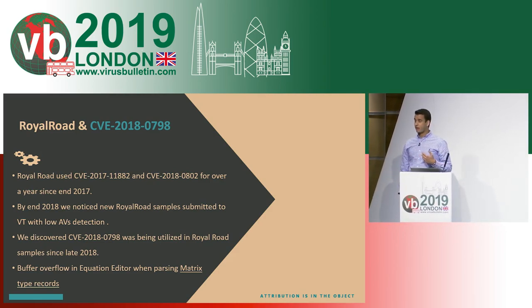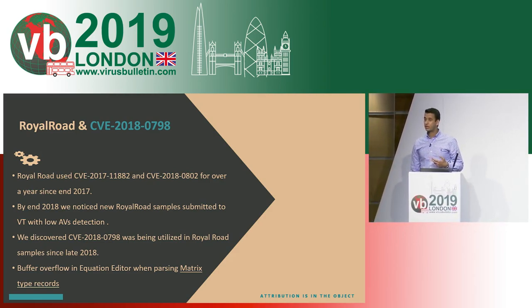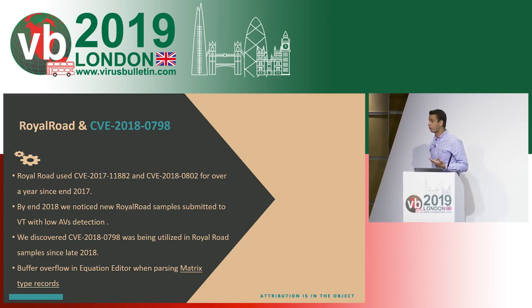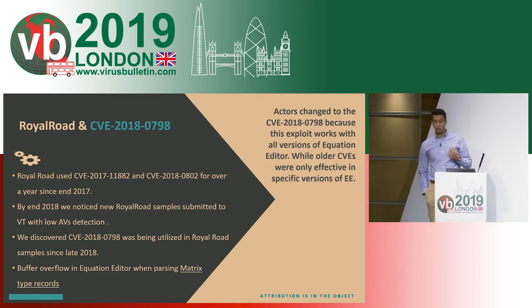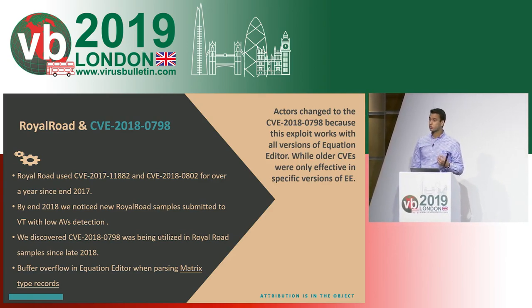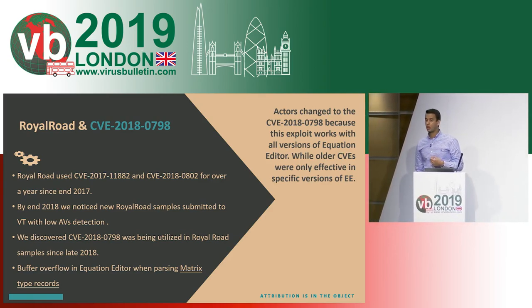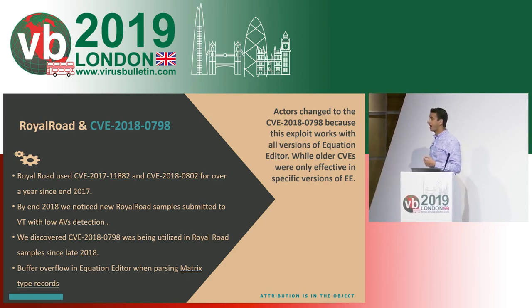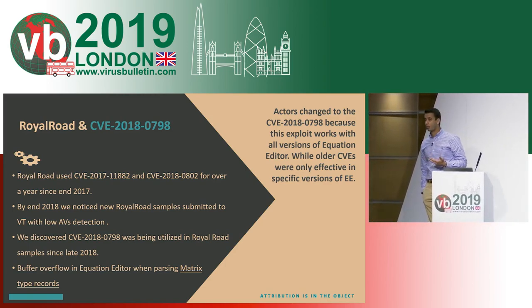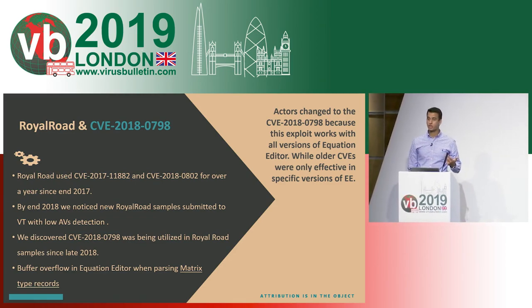Why would they invest time into developing a new exploit if a new patch is already working for them? And we figured out that for the actors, when you use the exploit 11882, it only works with the old version of Equation Editor, while 0802 works only with the new or patched one after the 11882 patch. So when they are exploiting a target, they have a 50-50 probability of a successful exploitation.